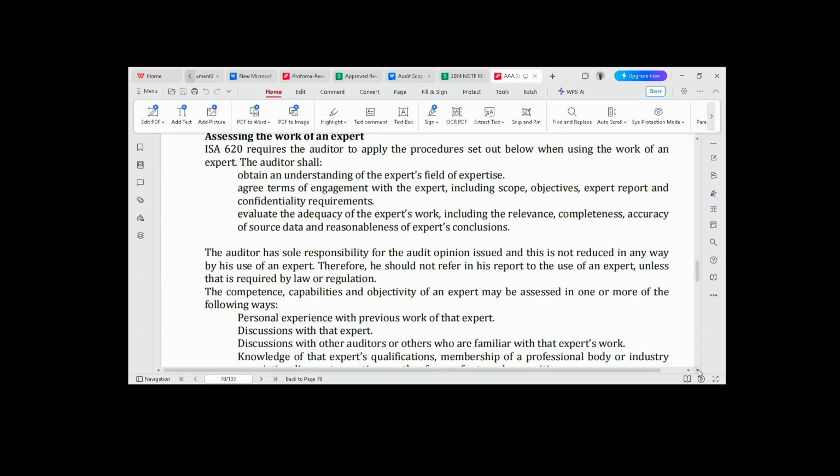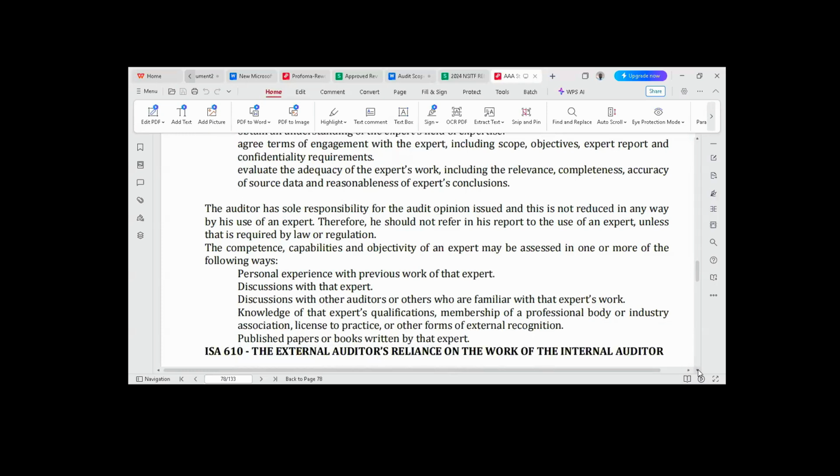We need to discuss with the expert. We need to discuss with other people that are familiar with the work of the expert. Then we will look at the knowledge of the expert's qualification. Is this person qualified? Did he finish from law school, just for instance? Did he finish from the university?